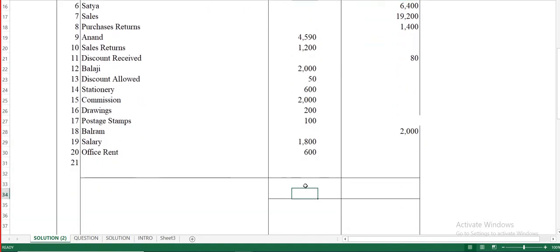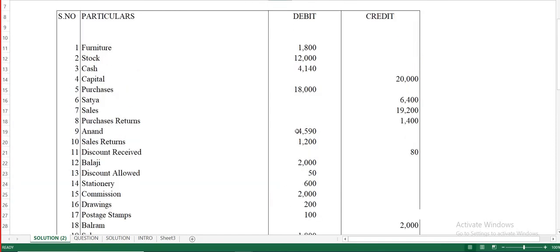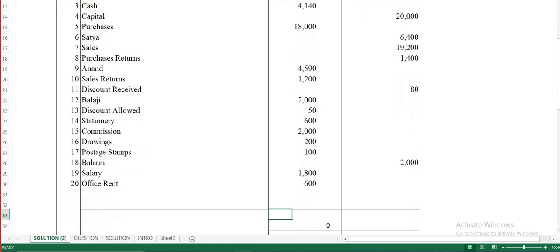Now you have to total up the debit column and the credit column and find out whether you are getting equal amounts on both columns, whether they agree or not.